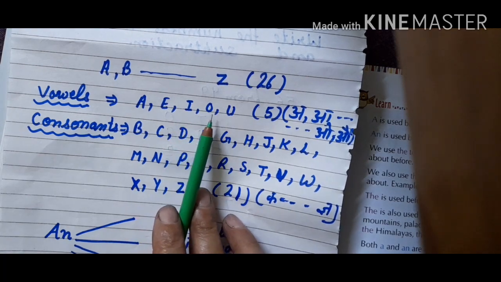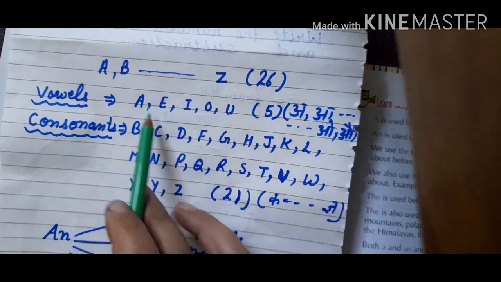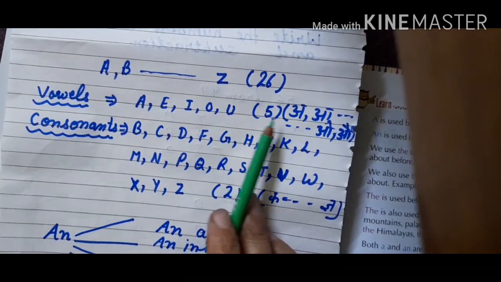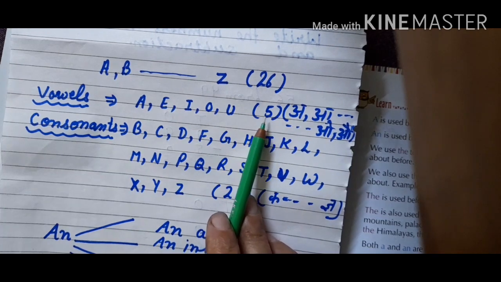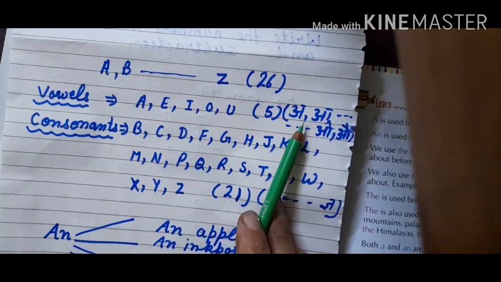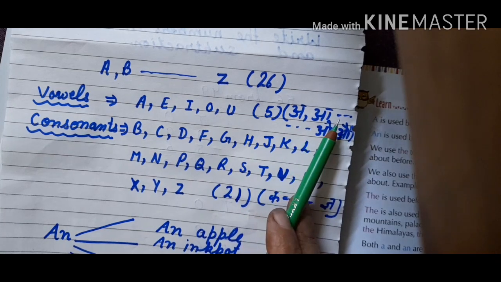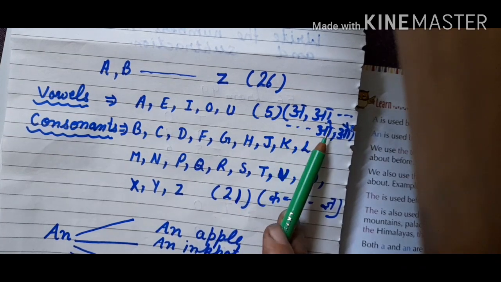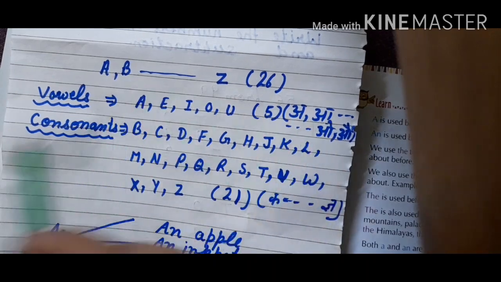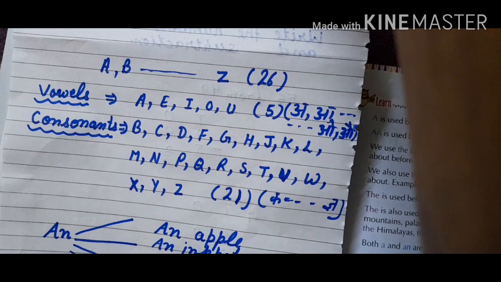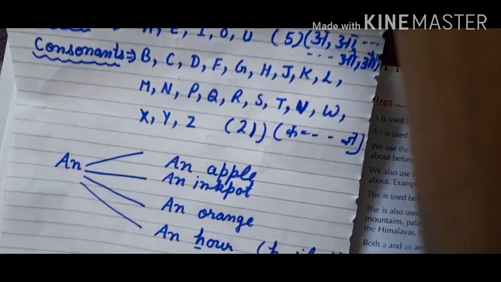Means if a word begins with these vowels and it gives the sound of Hindi vowels like a, e, u, o, then we put an before those words.